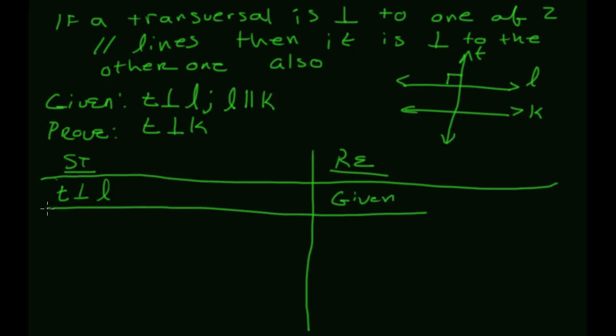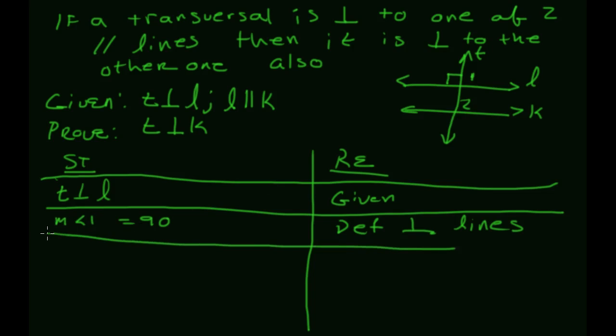All right, our second statement here is then, let's make this angle 1 and make this angle 2. And it's that the measure of angle 1 has to equal 90. And why do I know that? Because these are perpendicular. So this is what it means to have a definition of perpendicular lines, right? You have to have a right angle there. So that angle must equal 90 degrees.